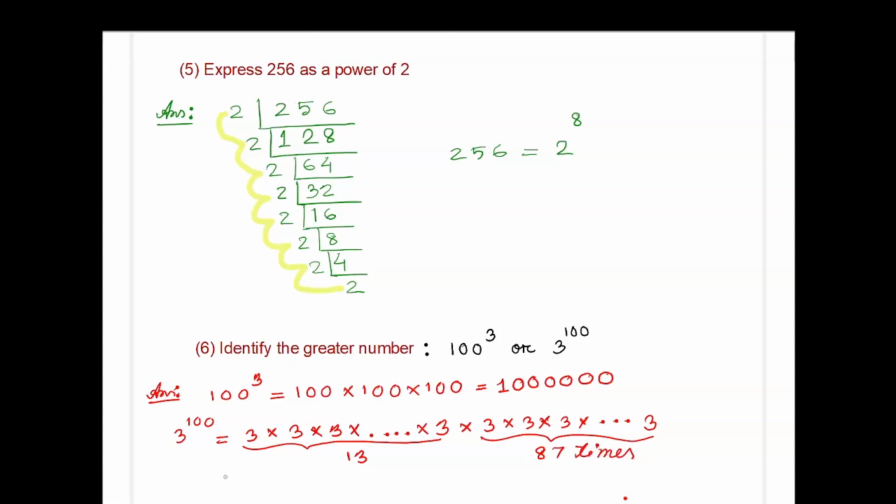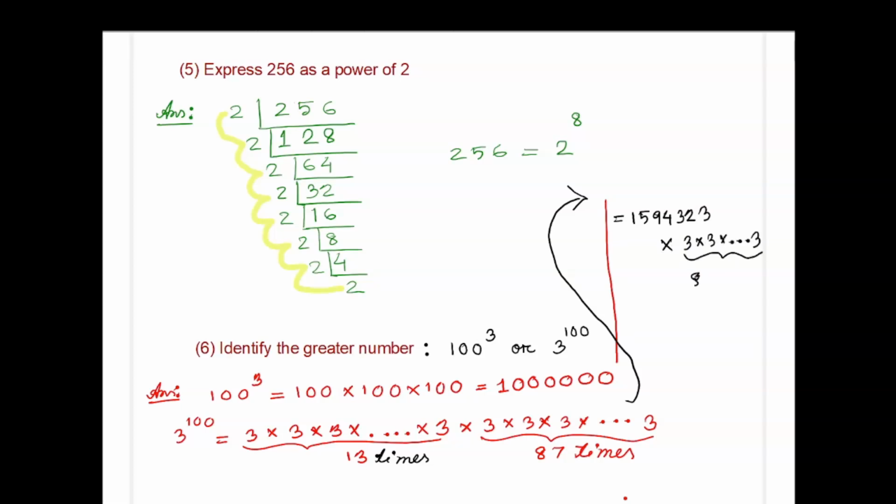Here there is no space, so because of less space I am writing here. When we multiply 3 13 times, then we will get 1594323. And 87 times are left.